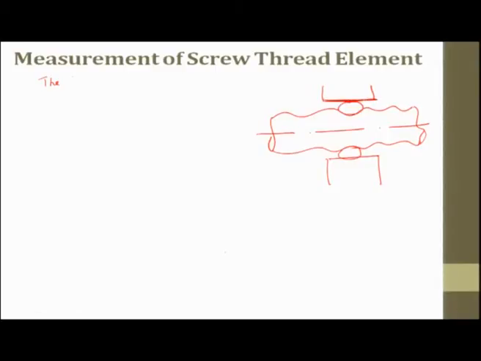The distance between this and this is called M. The distance between the center of this and the center of this is called E.